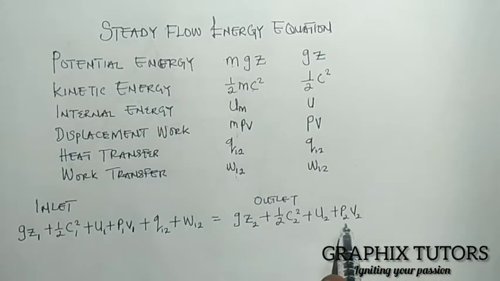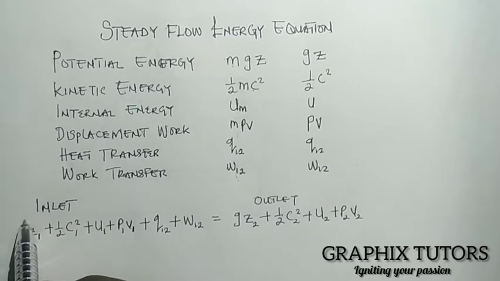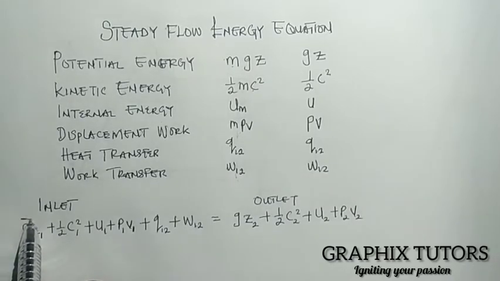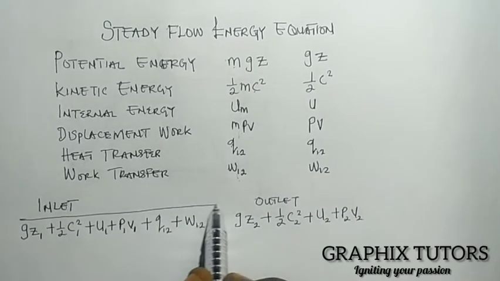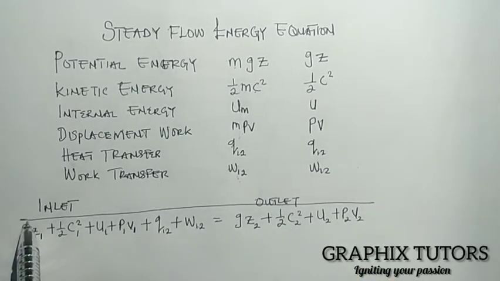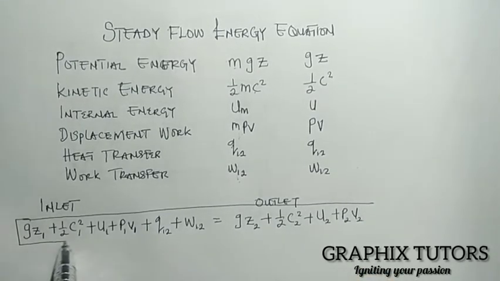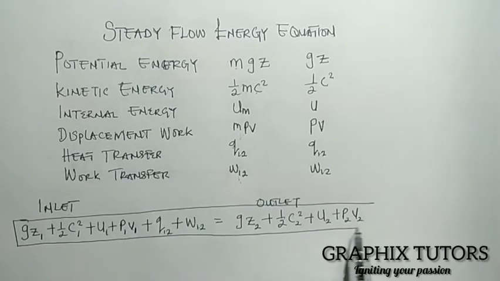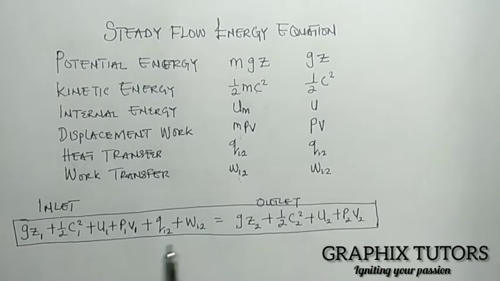Now this is what we'll be having. The heat and the work will not be included because they are transitional energy, they cannot be stored in the system, right? So what you see here is called my steady flow energy equation.